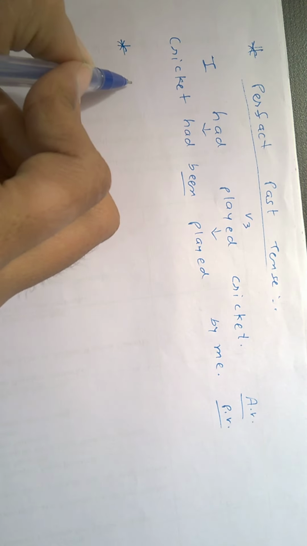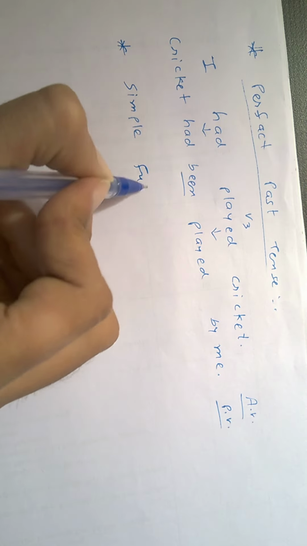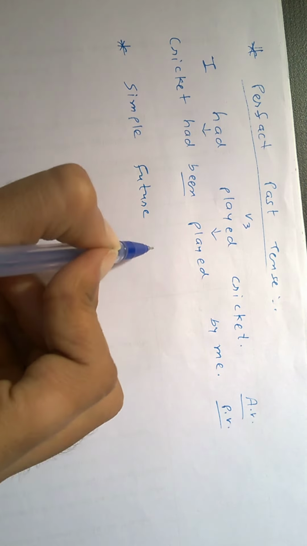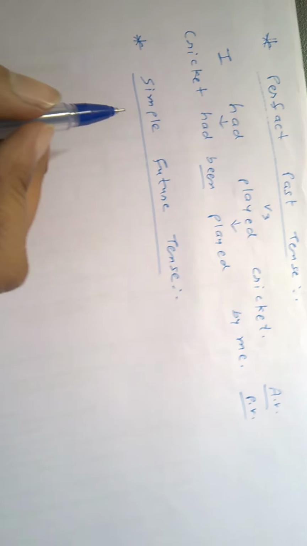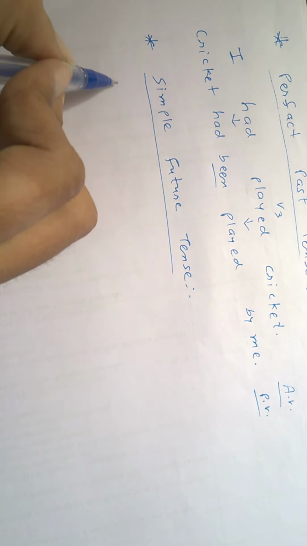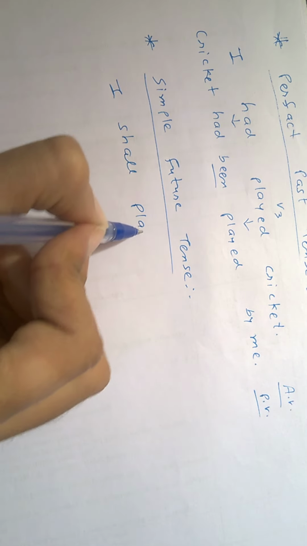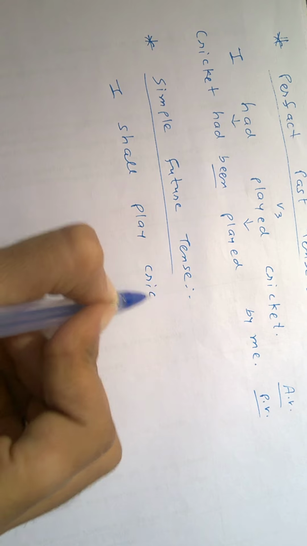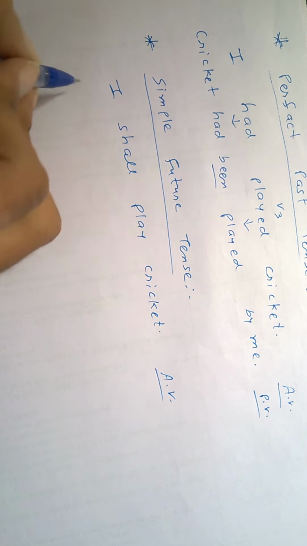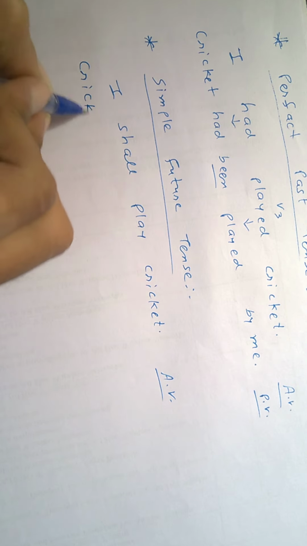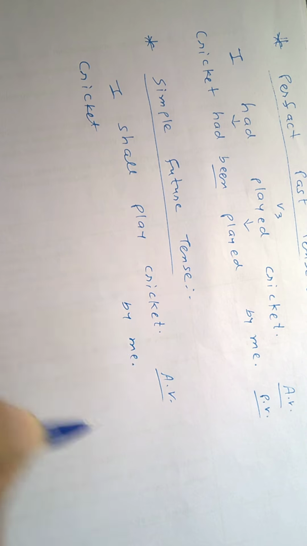Now we will see the passive voice for simple future tense. So we will take here one example, that is I shall play cricket. So as per our technique, first we will exchange the position of object and subject.